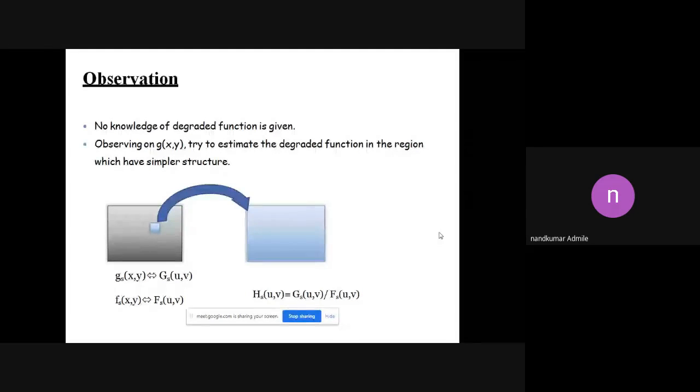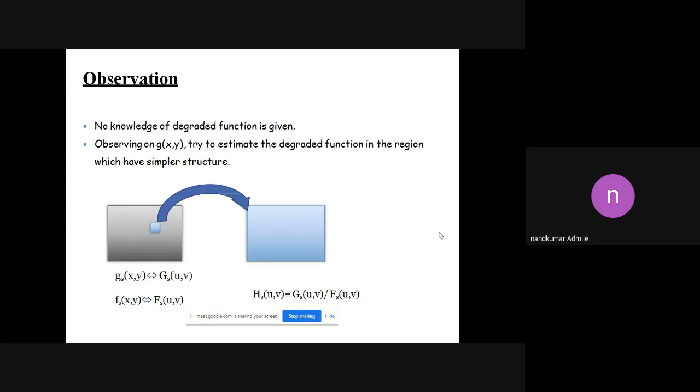For that, we can take two images, maybe having a rectangular shape. When we estimate the degradation model, we have to convert the spatial domain information into the frequency domain information. Here we can observe the two rectangles.